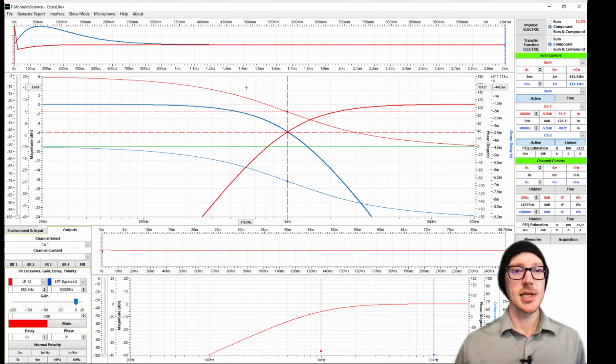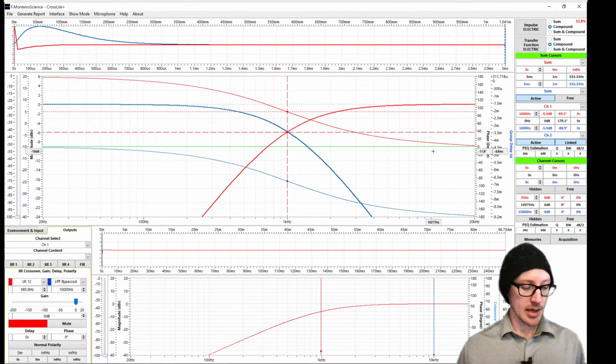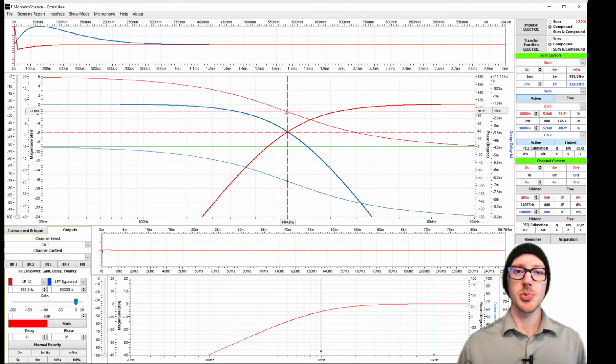And now we see in the phase up here exactly the same slopes, but just 180 degrees apart, right? If half of this graph is 180 degrees, from 0 to negative 180 or 0 to positive 180, I can pretty easily see this is half a graph. And I can also see over here on my cursor display that it says 180 degrees. Not exactly, because remember I left them slightly misaligned, and I'll show you why.